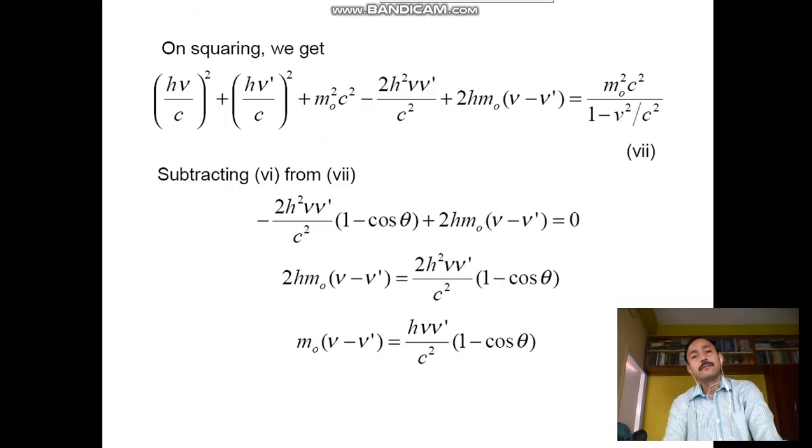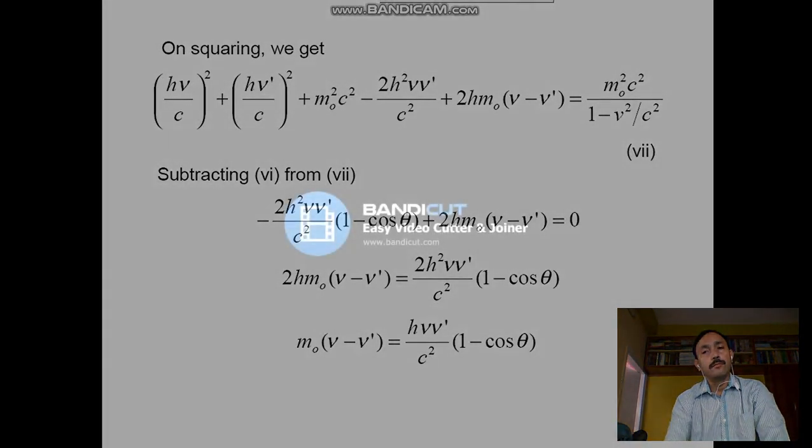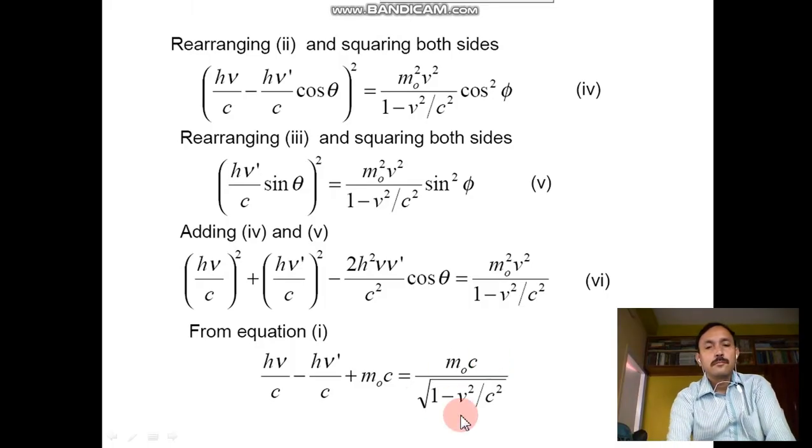On squaring, from equation 1, we can get h nu by c minus h nu dash by c plus m naught c is equal to m naught c by root over 1 minus v square by c square.